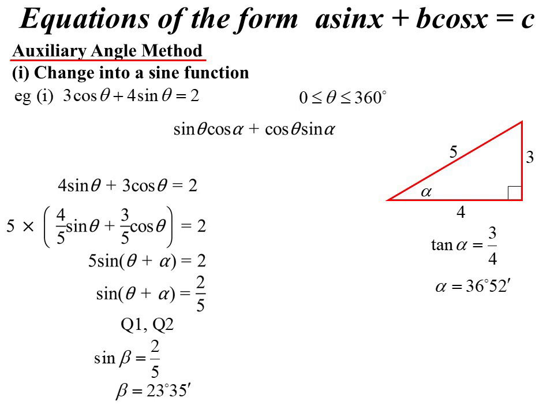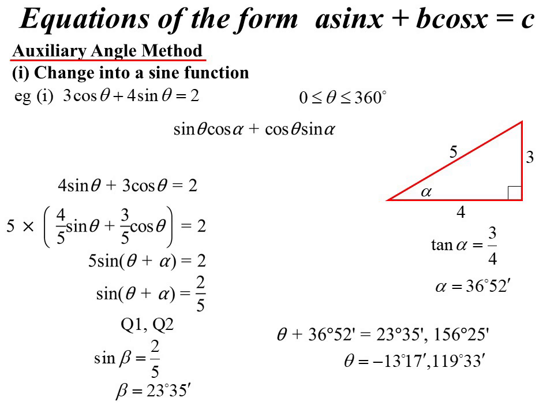So the sine of this acute angle, I can't call it alpha because I've already used alpha, so I'll just call it beta. That's going to be 23 degrees 35. So theta plus 36.52, the alpha that I worked out, must be my two possibilities, 23.35 or 156.25. Move the 36.52 to the other side and I've got my two answers.